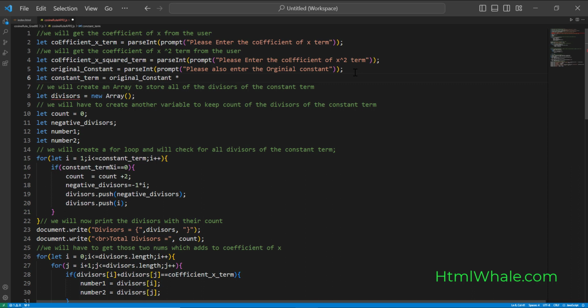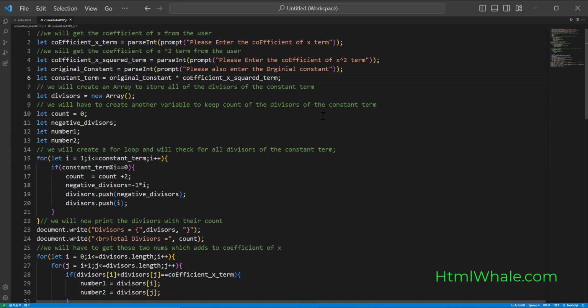You follow me? So no matter what the original constant or what the values that we are giving from the original polynomial, this code will be able to answer them all. Okay, so that is the last part that I would like to draw your attention to.